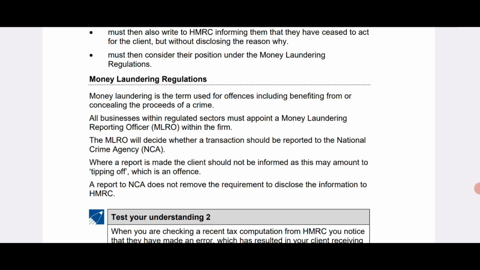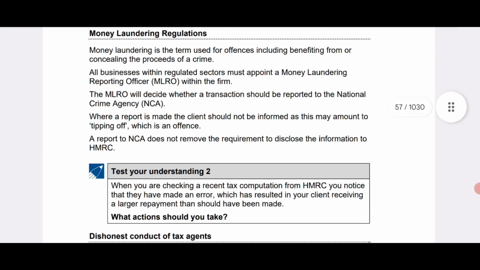Money laundering is a term used for offenses including benefiting from or concealing the purpose of a crime. There are a lot of examples we discuss in the revision kit, and many case studies for money laundering.